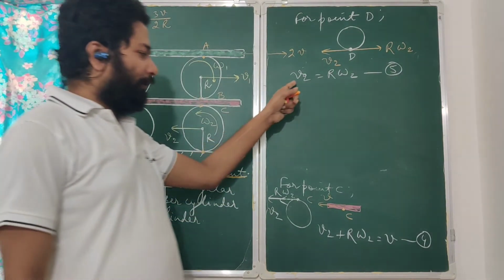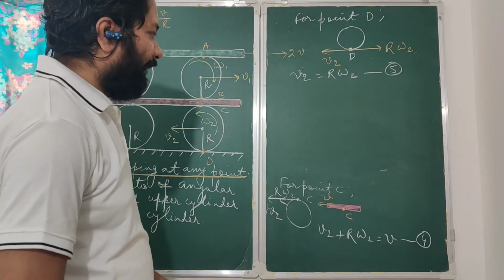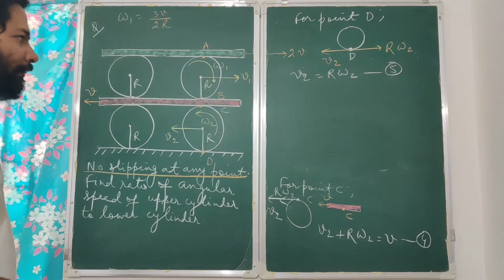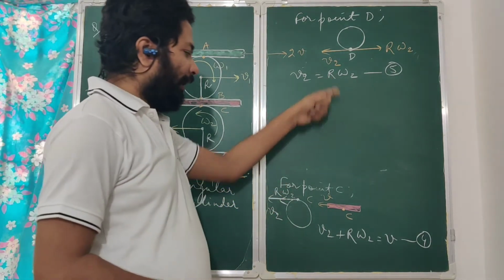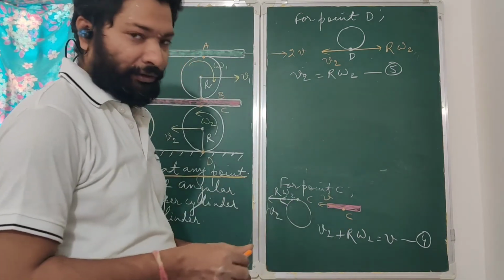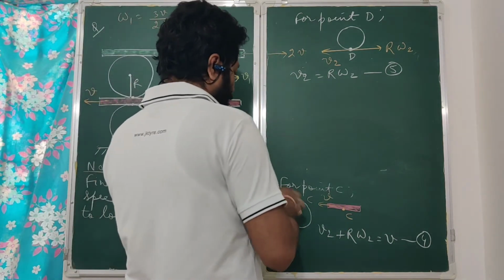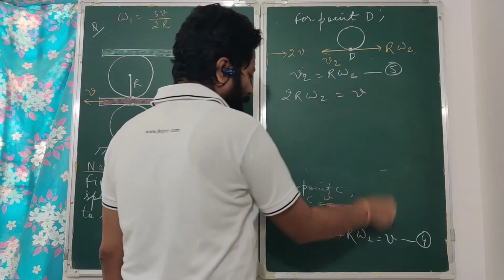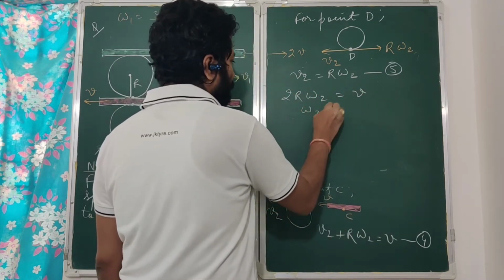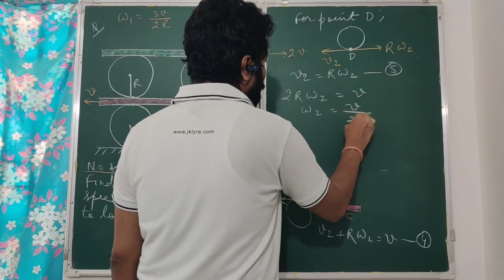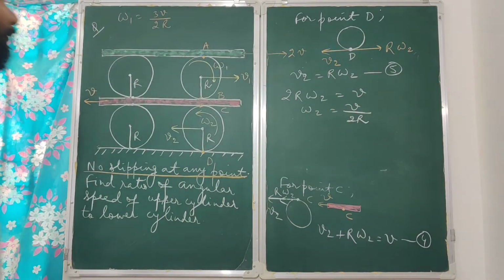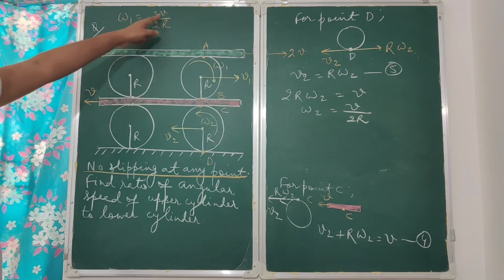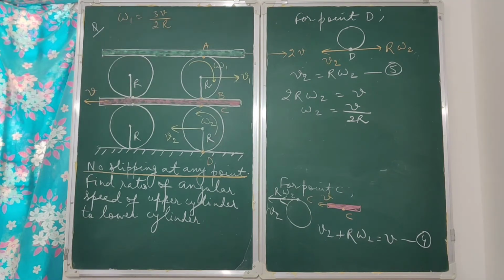So now let us make use of equation number 4 and 5 and try to get the value of omega 2. So instead of V2 we can write it as r omega 2. So 2r omega 2 is equal to V. So what is omega 2? It is V by 2r. And omega 1 we have got it as 3V by 2r.